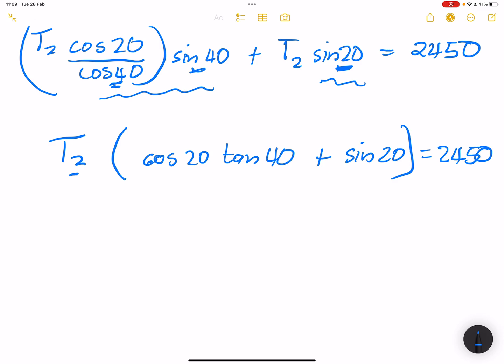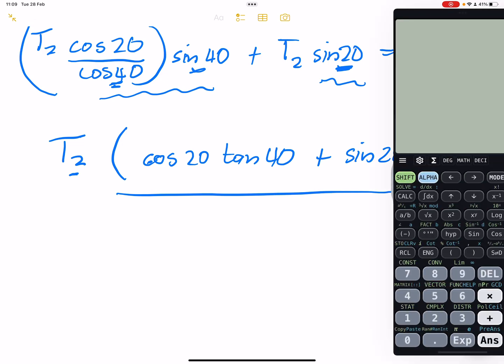Now, all that's left for us to do is divide by that whole thing. What I do on the left, of course, I'm going to do on the right. Because I'm out of space here, maybe let's get a value for it.